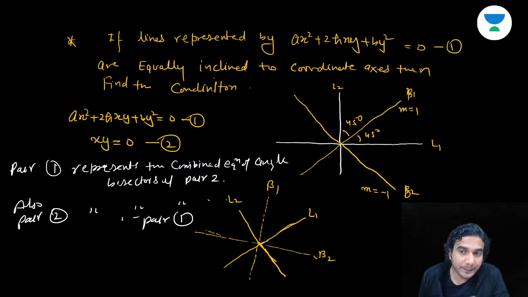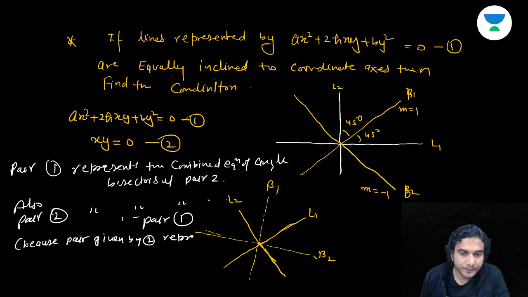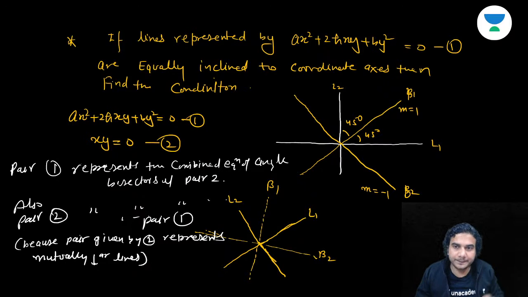And why did this happen? Because the pair given by 2 represents mutually perpendicular lines. All right, now you got it, right?